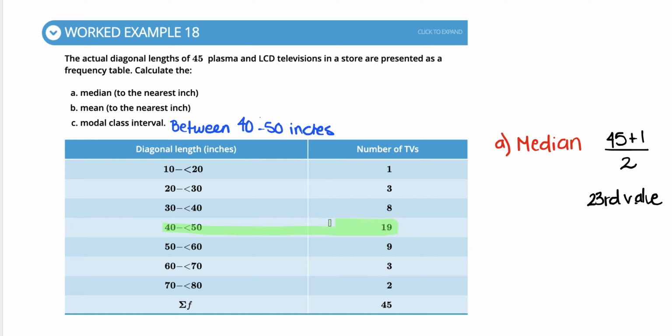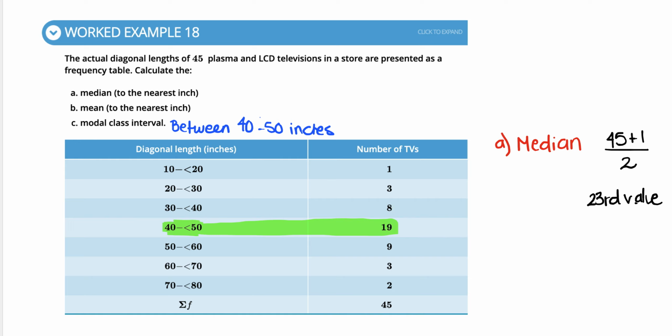Now what we're going to do is an estimate, because we cannot give this class as the median. We have to give an actual value of what the median is. So to give that actual value, we're going to count: 1, 3, this will be the 4th position, plus 8, 12, and I have to get to the 23rd.